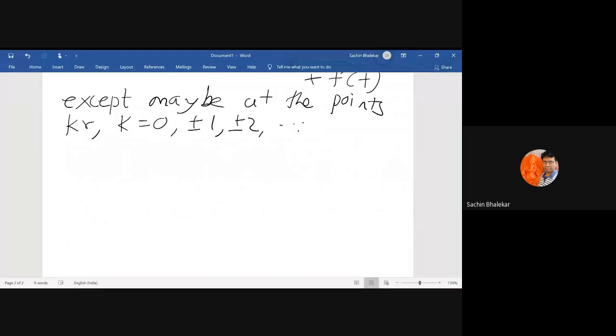Next thing is this solution x can have no more derivatives than phi.